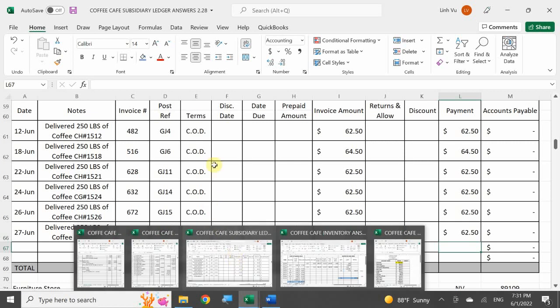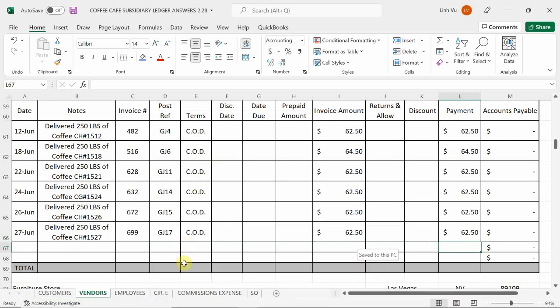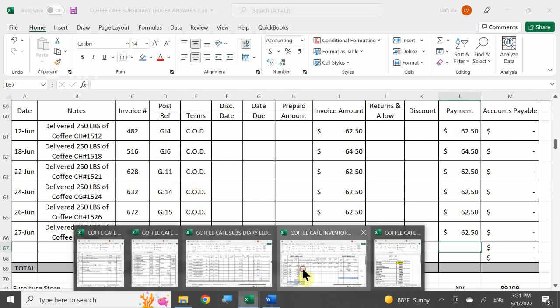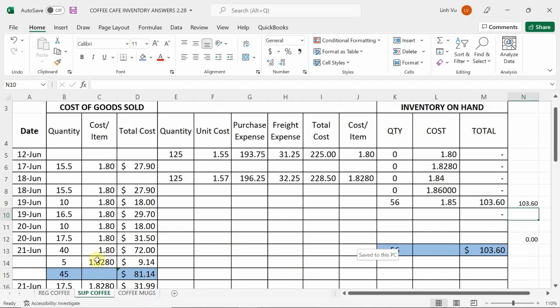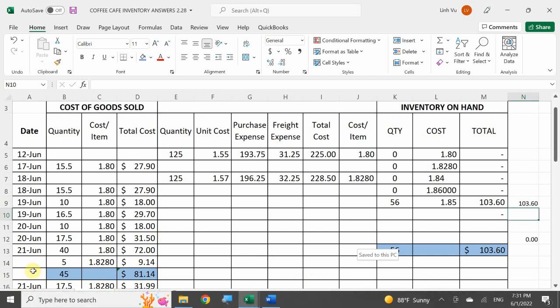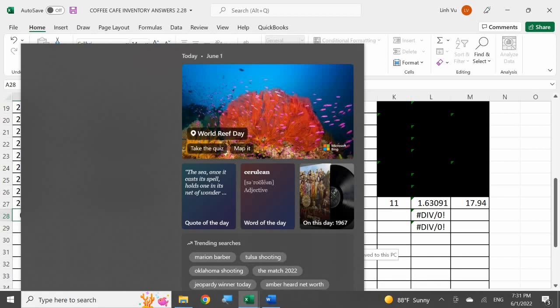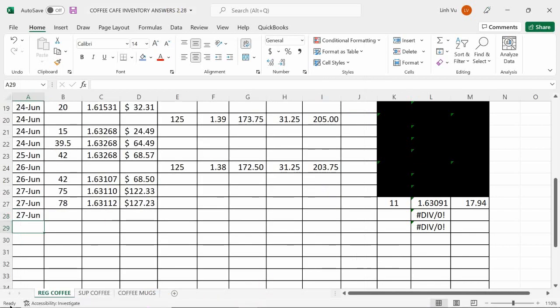Okay, so now that we finished the ledger, in the subsidiary ledger, we now need to update our inventory because now we have new inventory. Okay. So starting with the regular coffee, it's the 6/27 here.